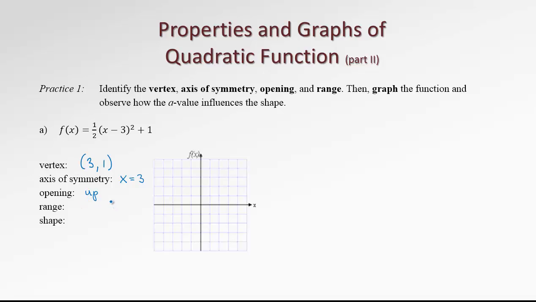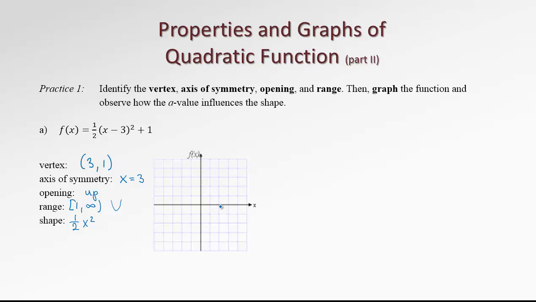If the parabola goes up, that means if it has a shape like this, the interval describing the range starts from the second coordinate of the vertex, that means from 1, and goes till infinity, right? Like this. And finally, the shape of this parabola is the same as the shape of 1/2 x squared. It is just shifted, so the new vertex starts from the point (3, 1).